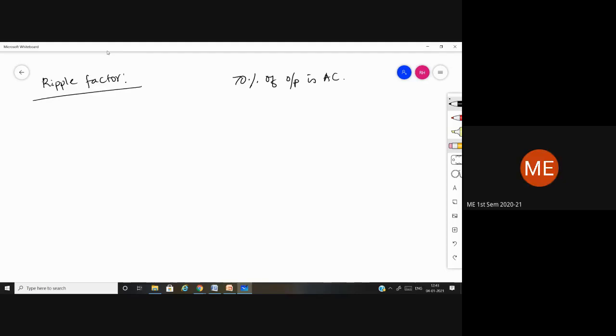Okay, so that 70% is your ripple factor. This tells you the ripple factor of a given output. This is what we are going to find, how much AC content it contains.